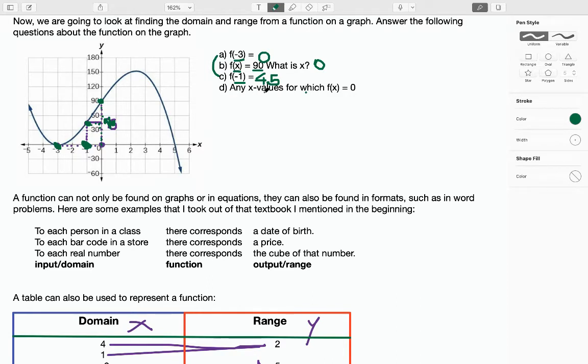Now D, any x values for which the value of f at x equals 0. Now, if you're panicking right now, thinking, well, they're supposed to be similar. They're very different. The wording is only different. I wanted to use different wording so that if your math teacher presents this problem in a different way with different wording, you're not completely confused and think, what is going on here?